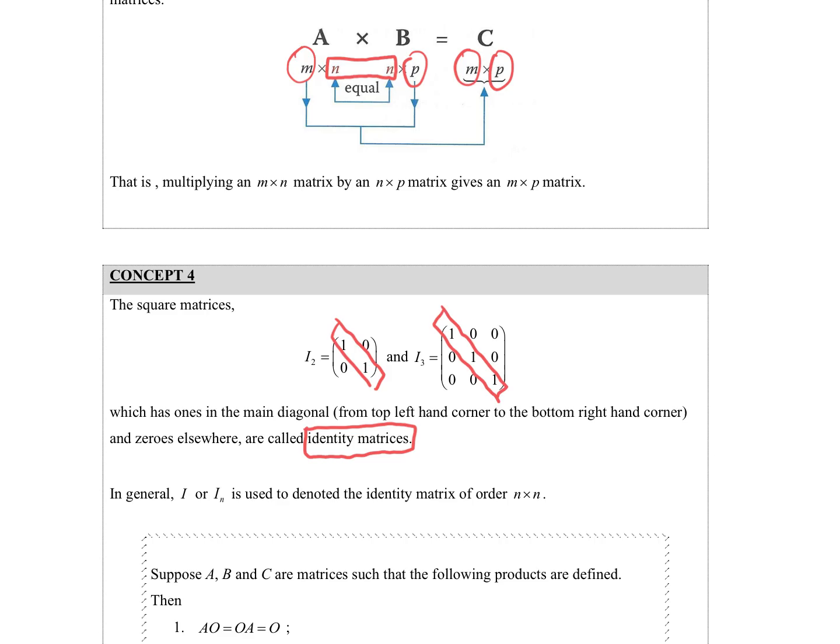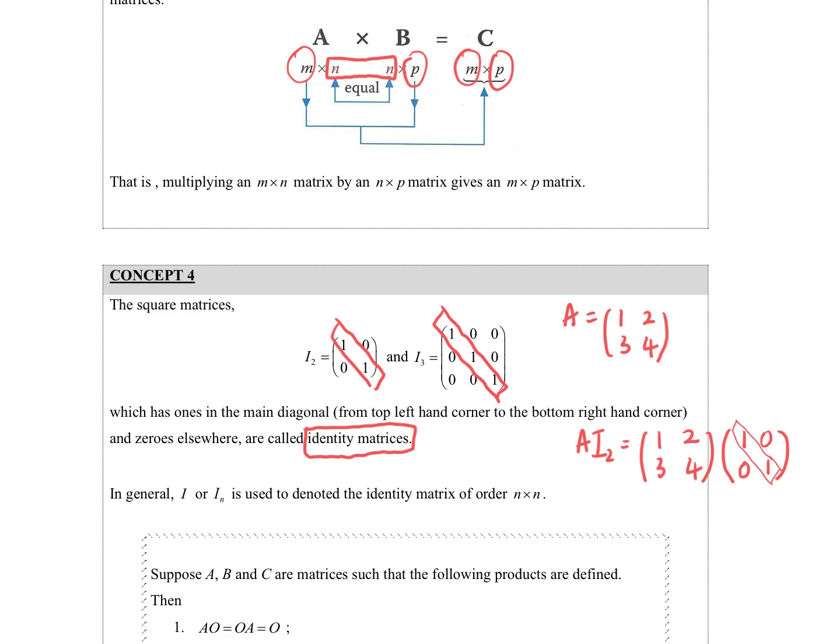Meaning, if I have A being 1, 2, 3, 4, if I multiply A by the identity matrix of order 2, you look at this one, the identity matrix of order 2 has diagonal 1s. The diagonals are all 1, and then the rest are all 0.